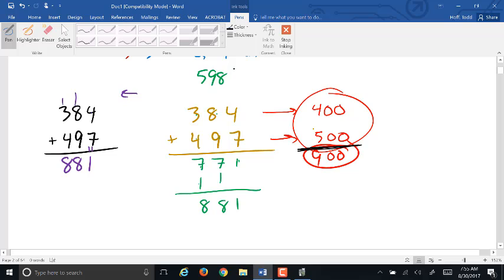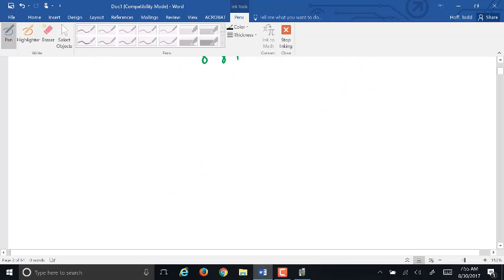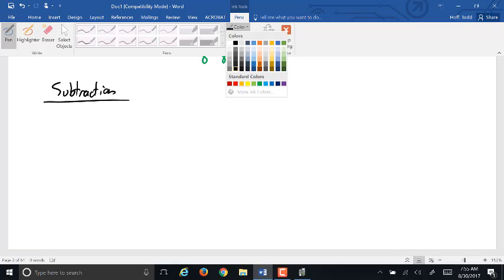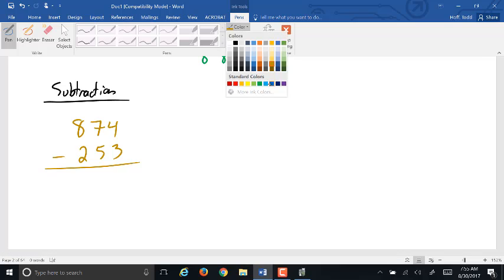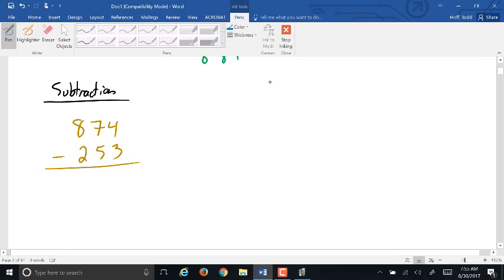Let's look at subtraction quick. Let's take something like 874 minus 253. Now, I'm not going to write this out in its long form because I think you guys get the picture.